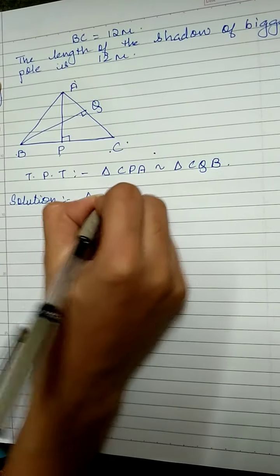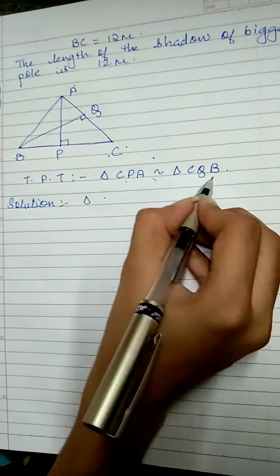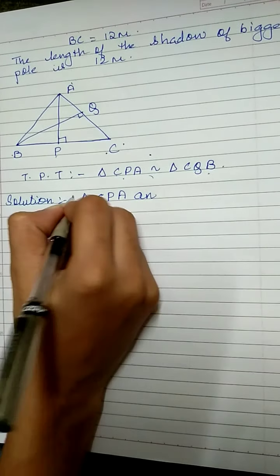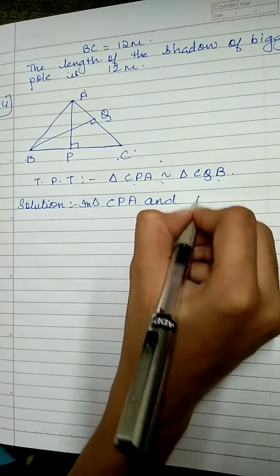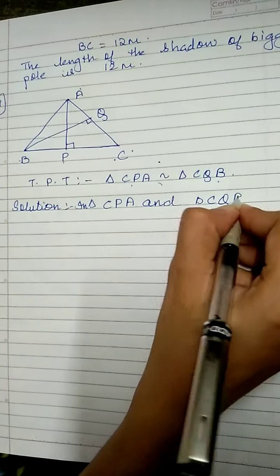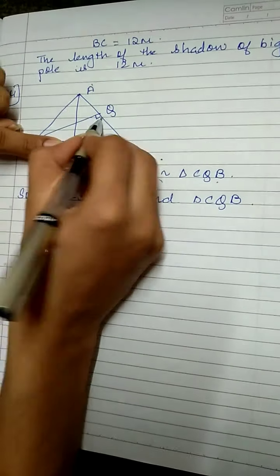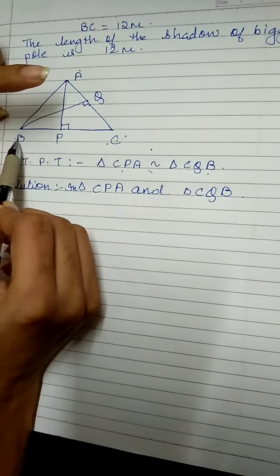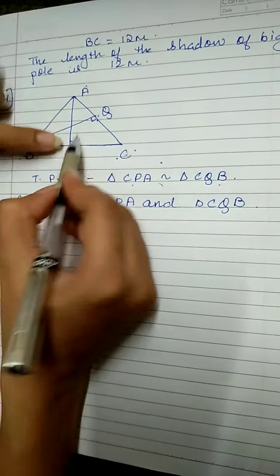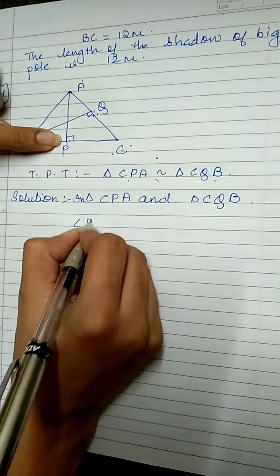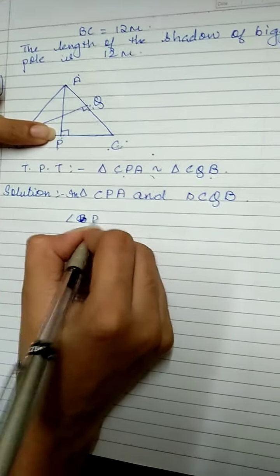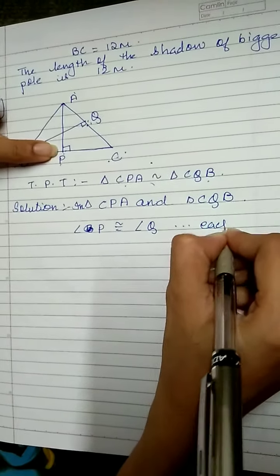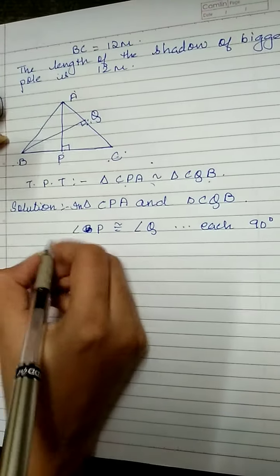Consider the two triangles which we have to prove similar, triangle CPA and triangle CQB. Angle P is congruent to angle Q, each 90 degrees.